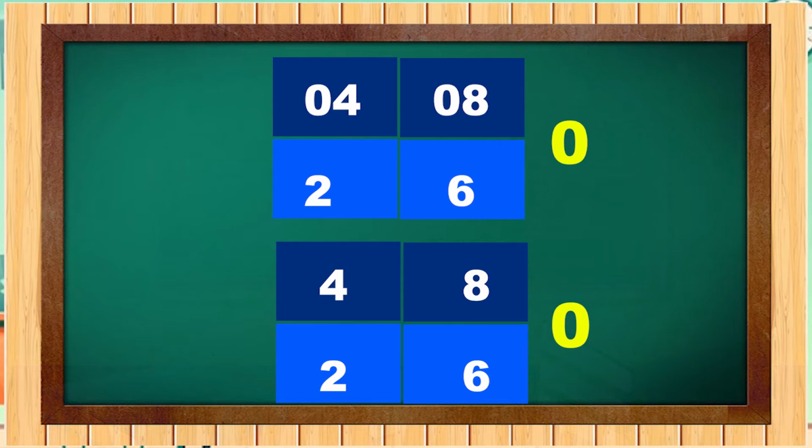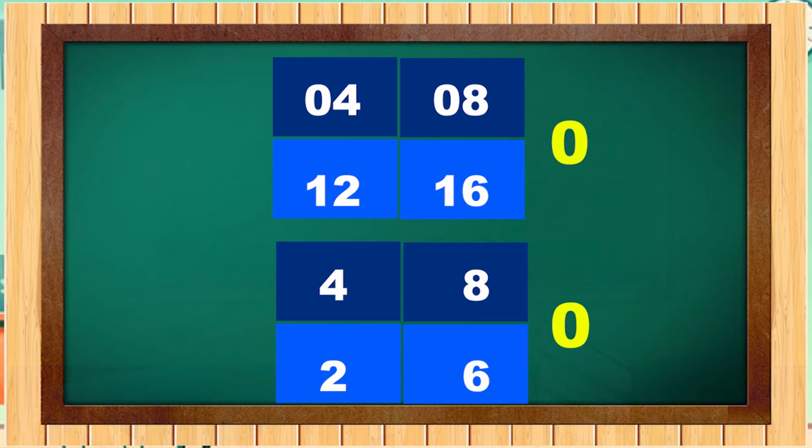Let us go quickly to our bottom row. We will write the number 1 in the tens place. So the box at the bottom left-hand corner, the number becomes 12. And the number at the bottom right-hand corner, the number becomes 16.